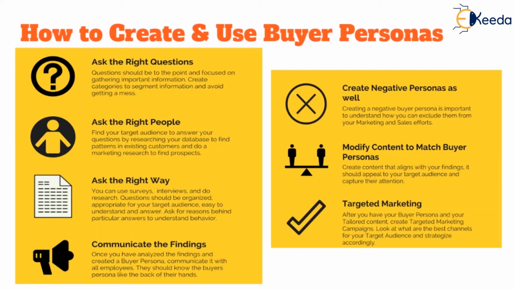Once you've analyzed the findings and created a buyer persona, communicate it with all employees as well as your customers. Why customers? To cross check whether what you've identified is right. But more than that, once you have created these personas, share that with the entire content team so that everyone is on the same page and they should know the buyer's persona like the back of their hands.